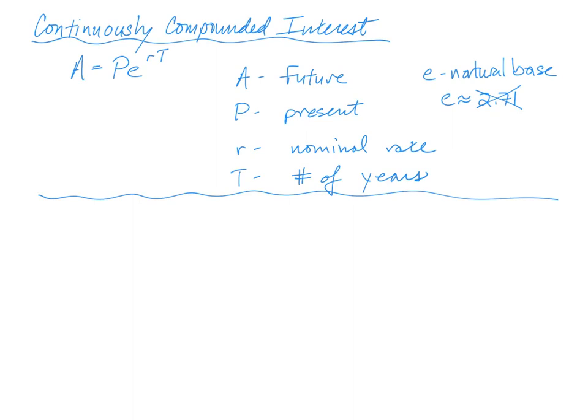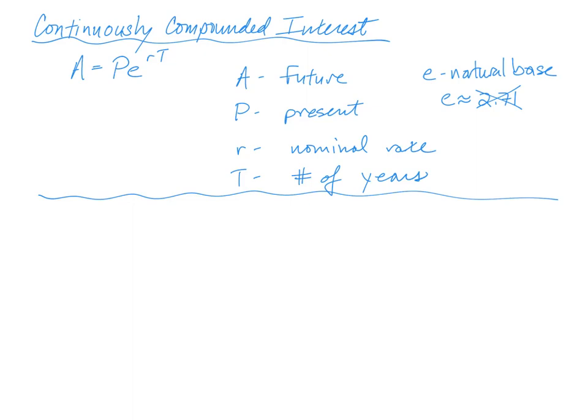All right, that being said, the question often gets asked, when do I know I should use this formula, the continuously compounded formula, or the compounded formula, like I did in the past few slides? That's very simple. You will use the previous formula, A equals P times 1 plus I to the n power.